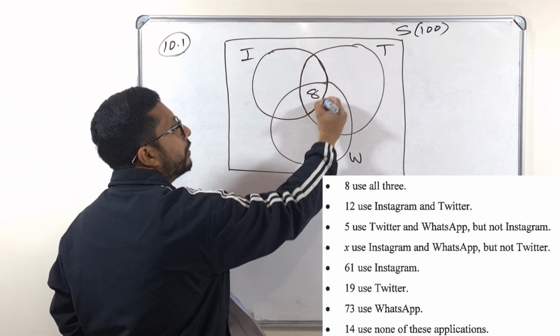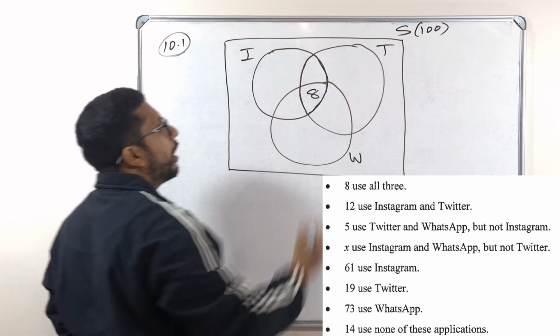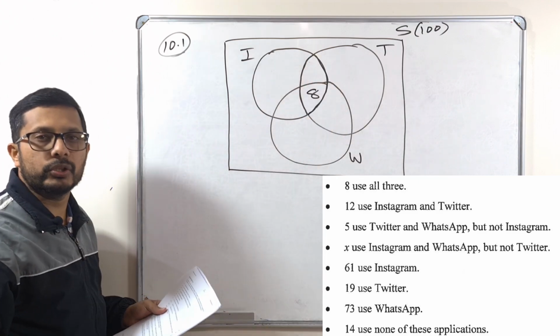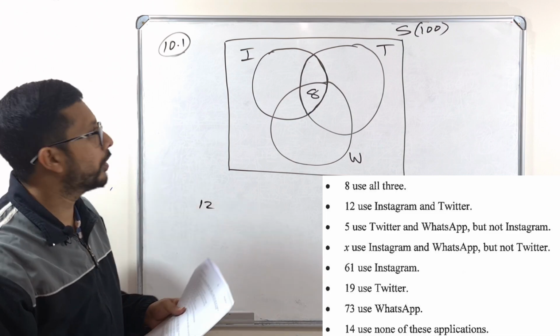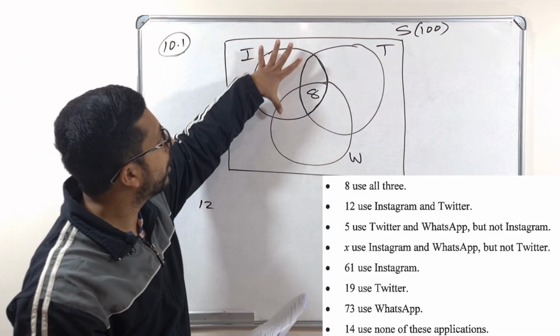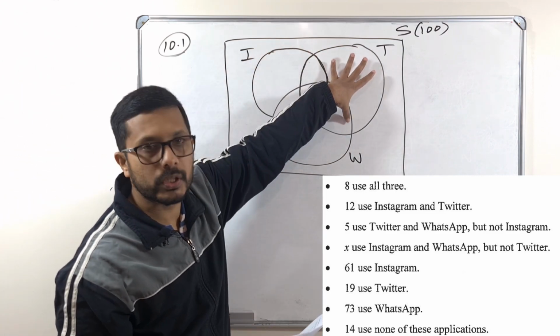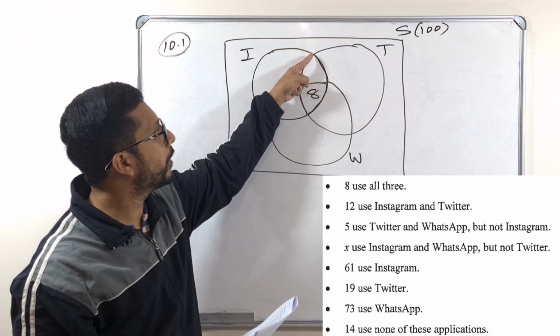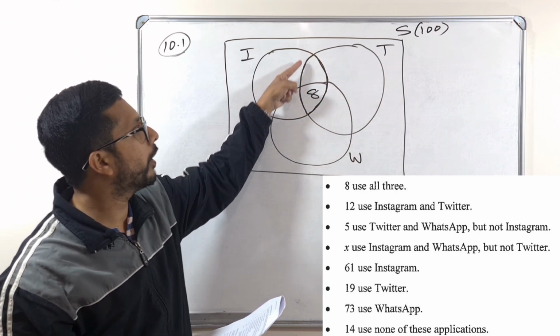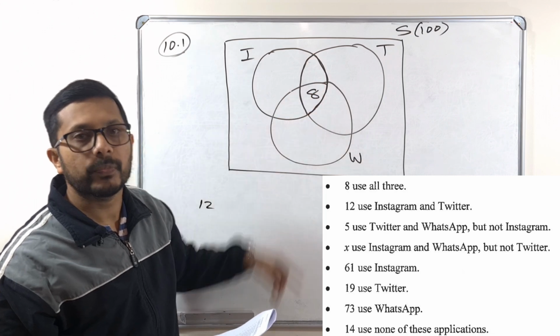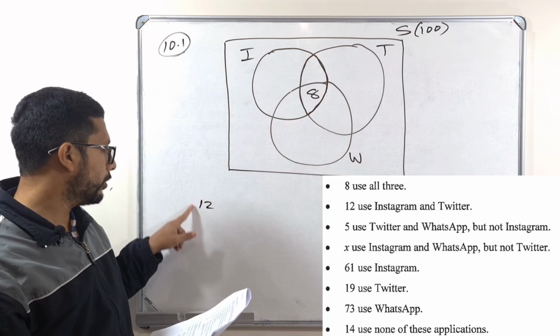Am I right? So how many are using Instagram and Twitter? 12 people. Which space is common for the Instagram circle and the Twitter circle? This area.